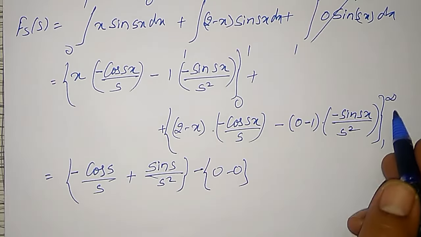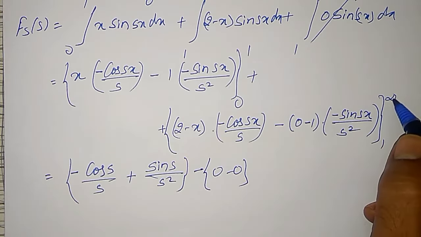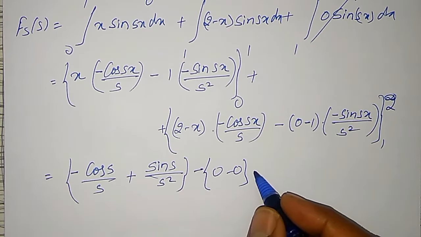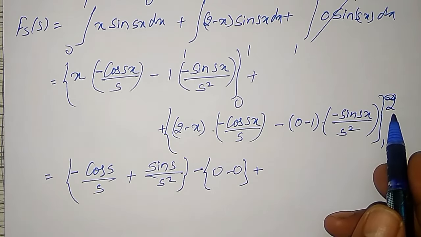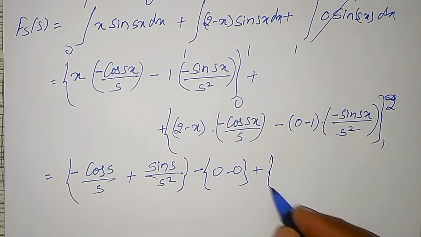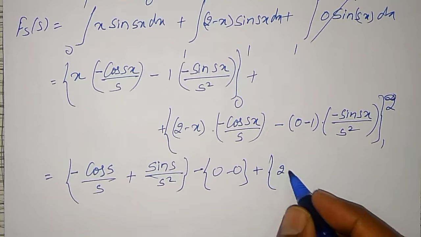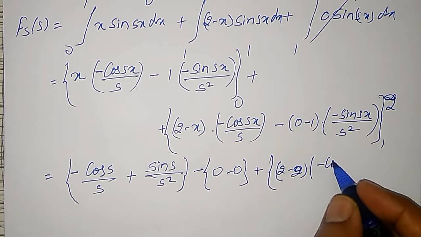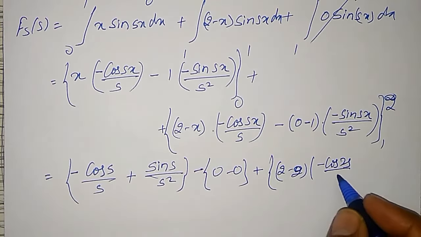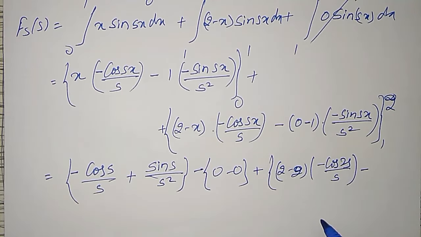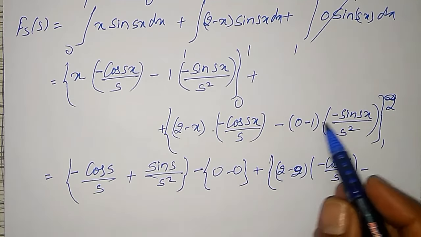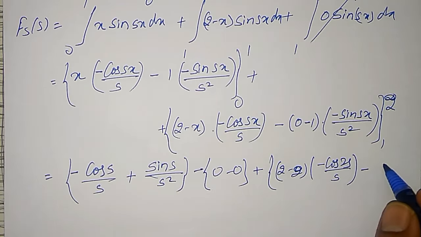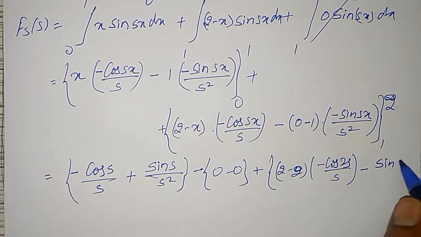Like that, for 1 to 2, it is now plus the upper limit x equal to 2 first. For x equal to 2, 2 minus 2 into minus cos 2s divided by s, minus minus times minus, therefore it becomes minus only sine of 2s divided by s square.